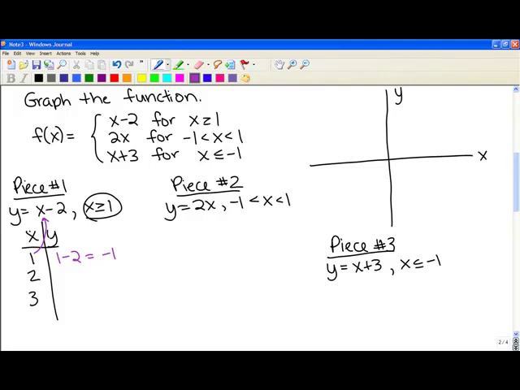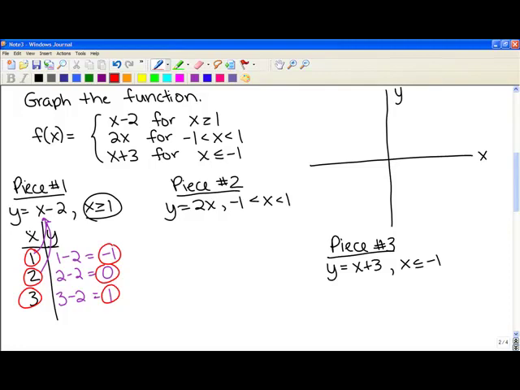Next, if I plug 2 in up there, that'd be 2 minus 2, which is 0. And then plug in 3 up there. 3 minus 2 is 1. Alright, so we've got points. Our first point is 1, -1. Our next points are 2, 0, and 3, 1.